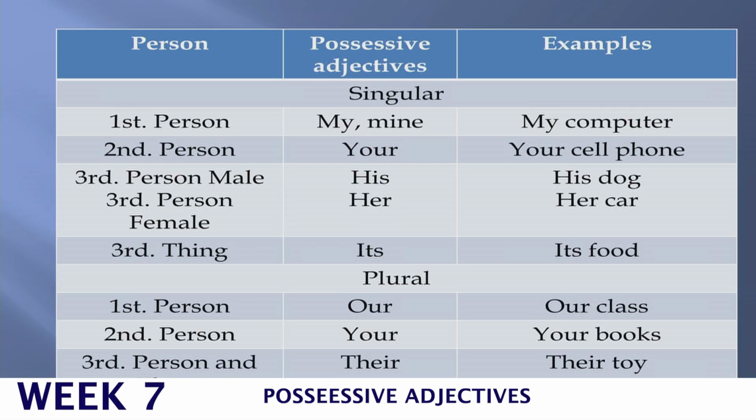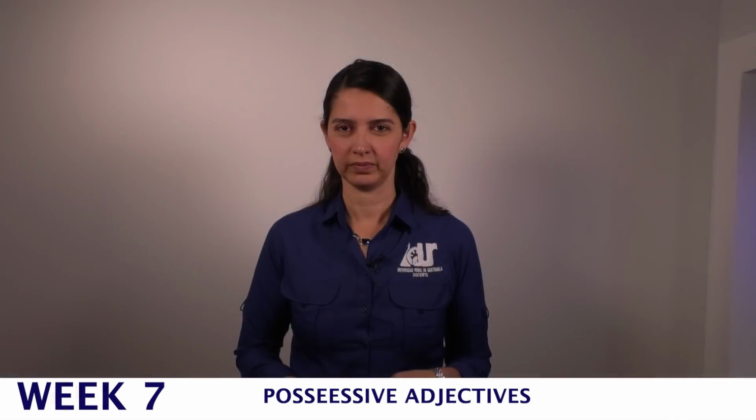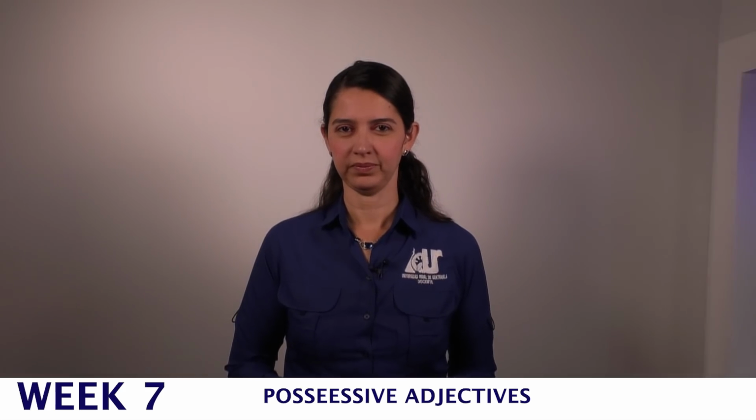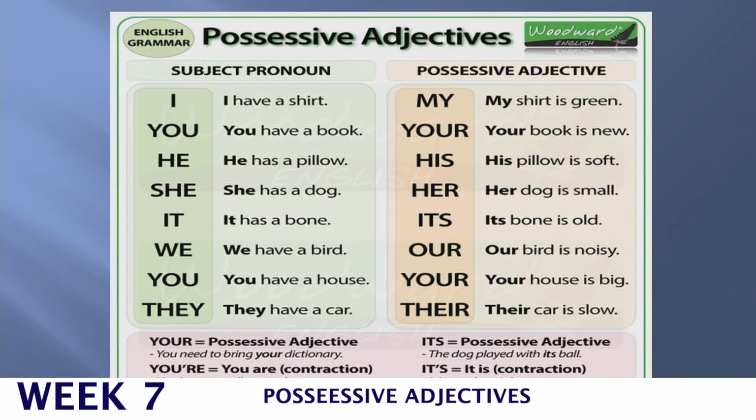So as you may see from all these examples, we have our possessive adjective, and then it must be followed with a noun. The noun can be either singular or plural. So now, can you give us some examples of how to use the possessive adjective using a correct noun, either in singular or plural form?